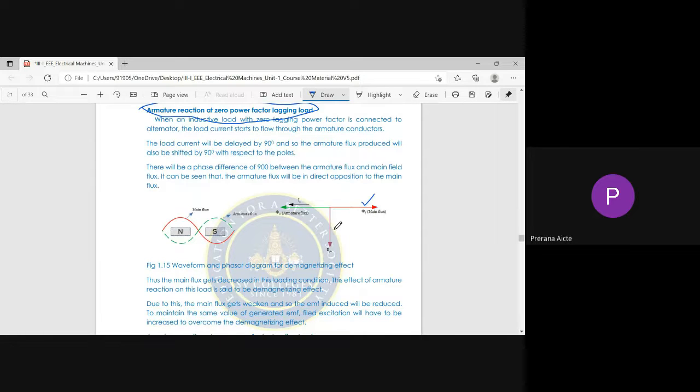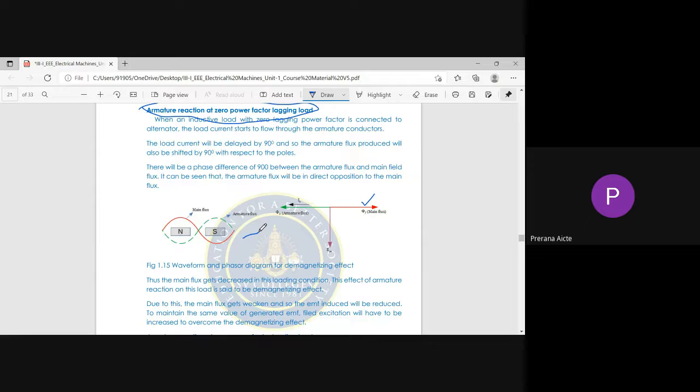These stator conductors are of pure inductive nature, so E phase lags the main field flux by 90 degrees. When we connect a pure inductive load, this individual voltage drives current through the load, but since the load is purely inductive, the IA phase current lags E phase by 90 degrees.